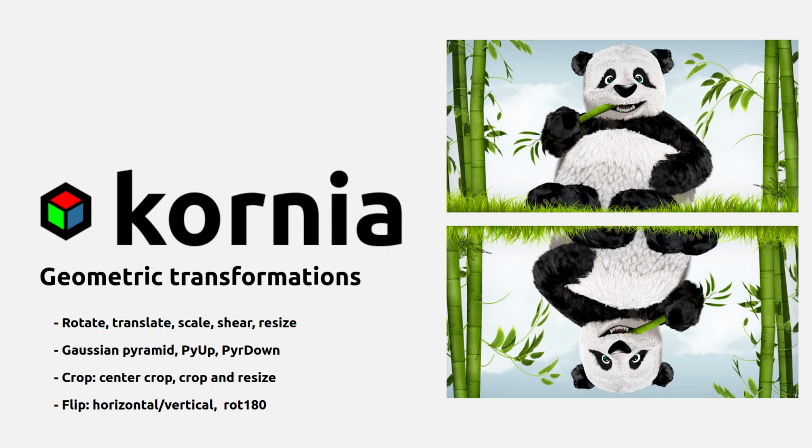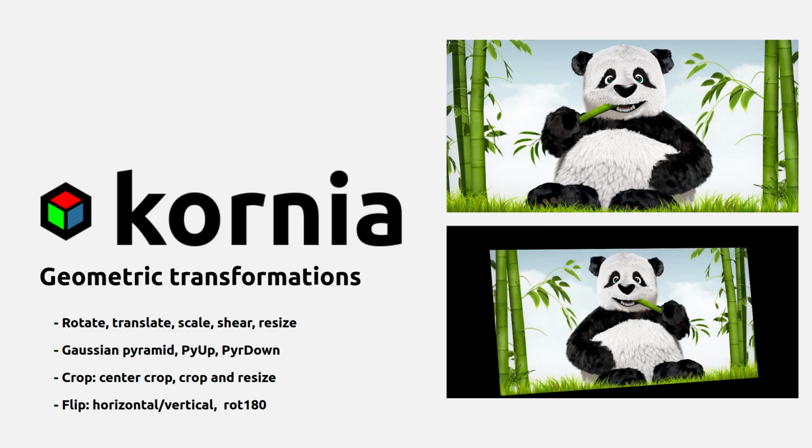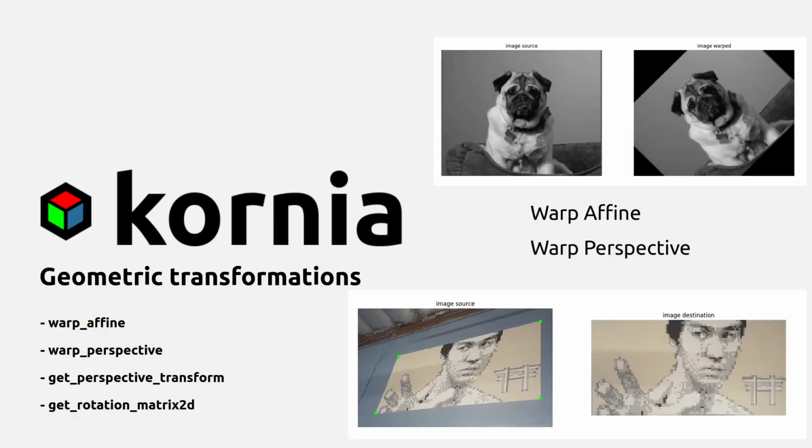And then another module, probably the core of the library, which is the geometric module, which has very high-level routines for doing geometric transformations on image tensors. You have some examples here for classical rotations, translations, basically affine transformations. You could even apply homographies in this module, and now we are also introducing 3D transformations.